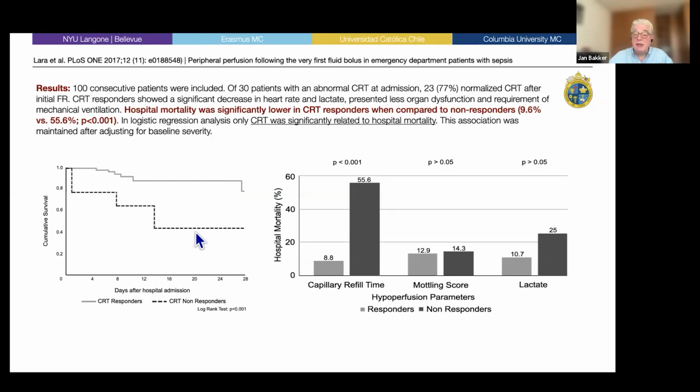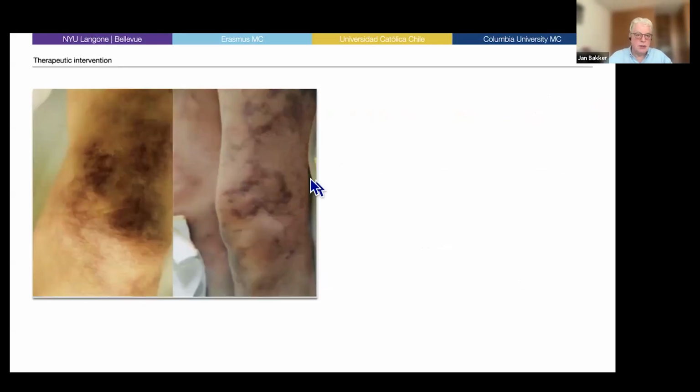Whereas if you did not normalize your capillary refill time with fluid resuscitation only, more than half of the patients died. And so having this capillary refill time, having your standard treatment, whatever your treatment is, if your patient responds with normalizing capillary refill time to the treatment you instigated, that's a very good sign, given this study.